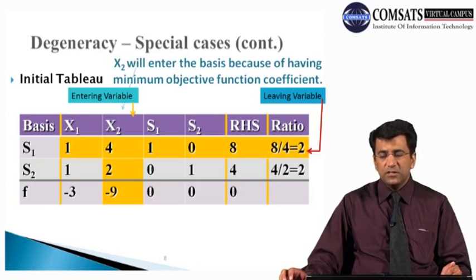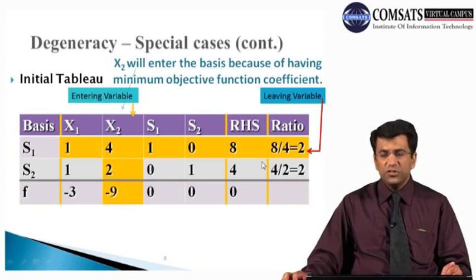Actually what we do in this particular step, we just ignore the negative values and the infinity values, and we just take into account the positive values. Then we will have to choose the minimum ratio value out of all the positive values available in this ratio column.